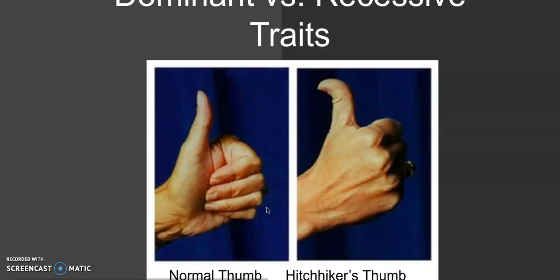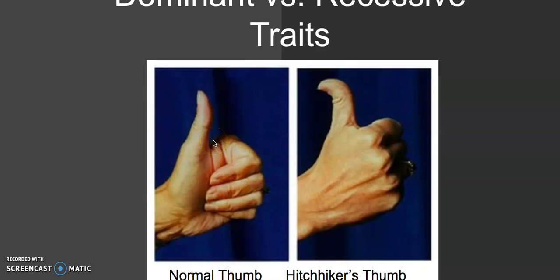We're going to go over this in quite a bit of detail. A hitchhiker's thumb is a recessive trait that can be masked, so it is dominated by the dominant thumb.